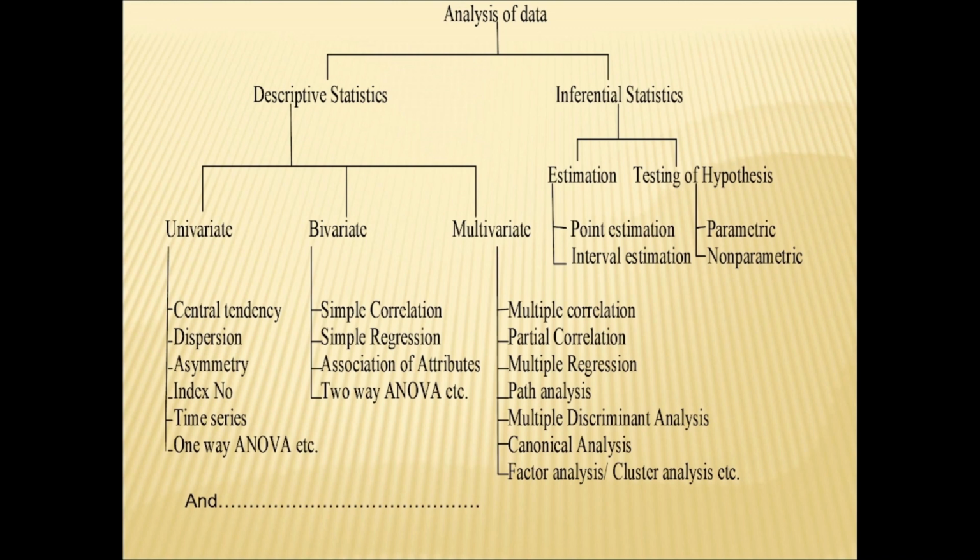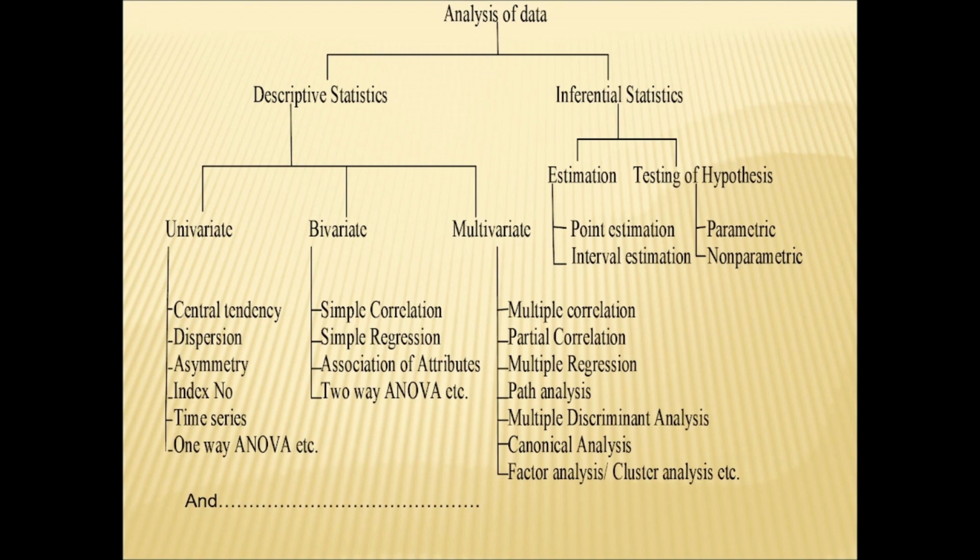In description of the data, there are different techniques. There are univariate method, bivariate method, and multivariate method. In univariate method, you need to know what are the measures, what are the central tendencies, what are the dispersions, what are the associations, and so on.